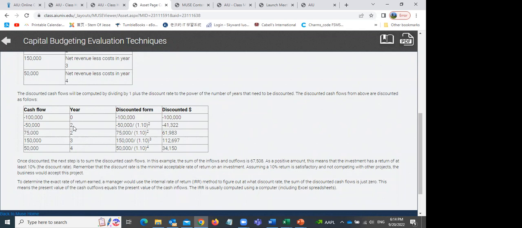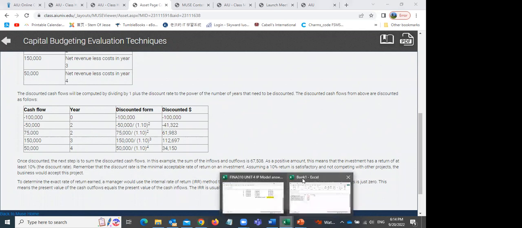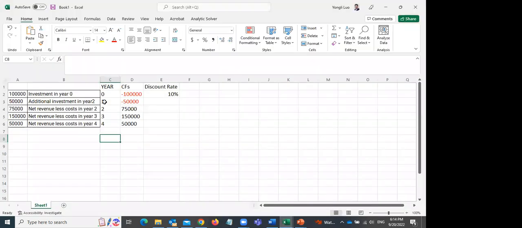Then the second year, this is an investment for the second year. I need to make sure this is not the first year. In year 2, year 1 does not have anything. In the second year you have additional investment, and actually you can add them up: 50,000 and 75,000 is 25,000.